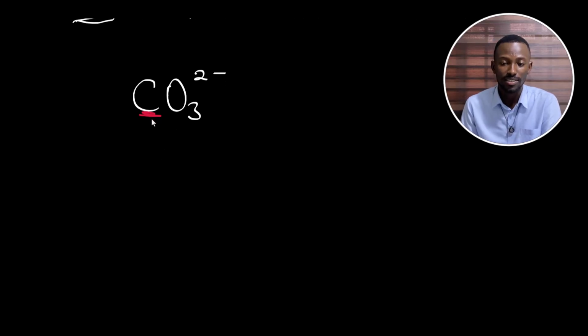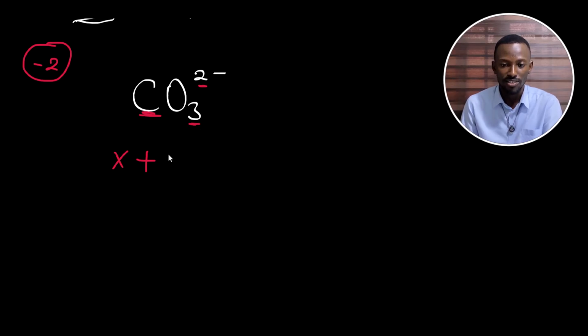We'll assume the oxidation state of carbon here is X. That is what we are trying to find. The oxidation state of oxygen is always -2. This -2 is different from the -2 here, which is the charge for the entire polyatomic ion.